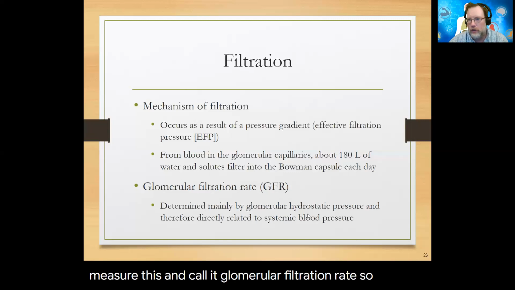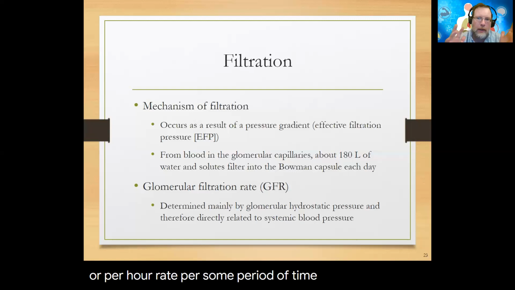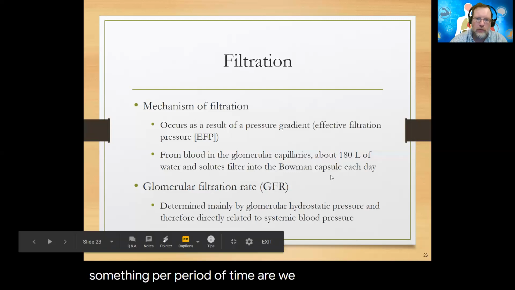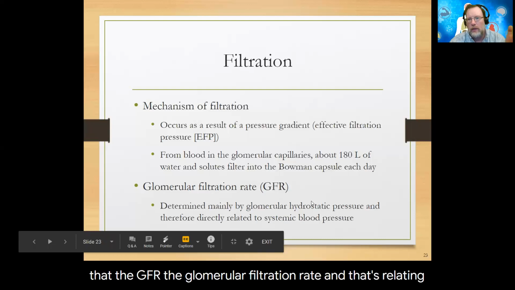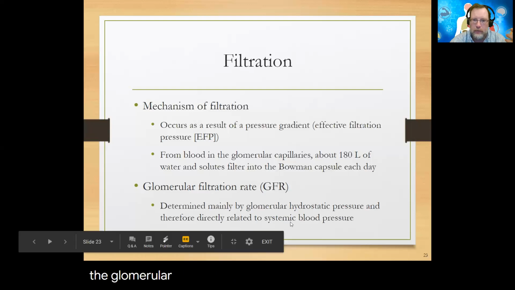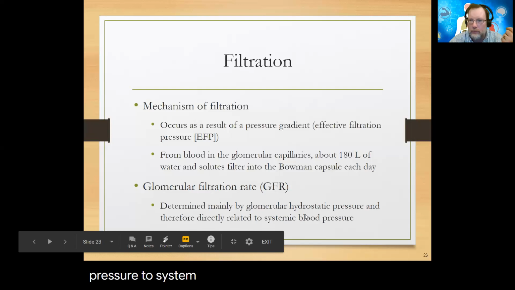So it's determined primarily by how much fluid per day or per hour, how much of something per period of time, are we able to filter. They call that the GFR, the glomerular filtration rate, and that's relating to the blood pressure, the hydrostatic pressure within the glomerulus, which then is directly related to your systemic blood pressure.